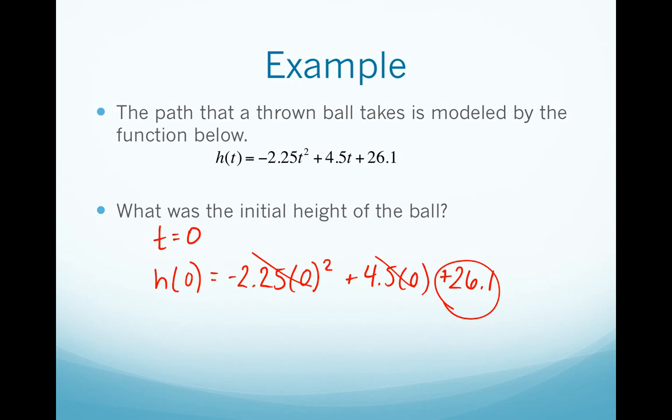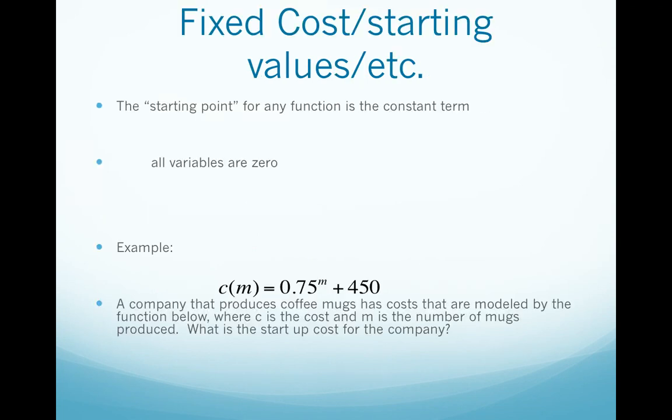And so that's kind of like when we talk about y equals mx plus b for linear functions, b is your start value. With quadratics, it's ax squared plus bx plus c. C is your start value. So here it's going back to what I just said, the starting point for any function is that constant term. So with a quadratic, it was c.